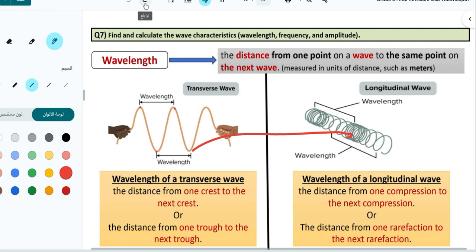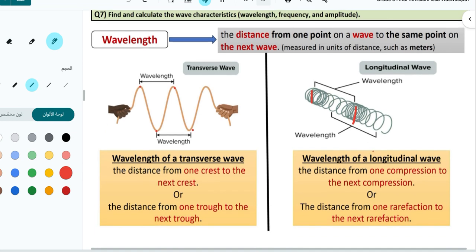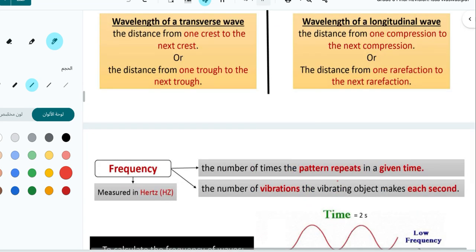In a longitudinal wave, we're going to go from the middle of one compression to the middle of the next compression, or from rarefaction to rarefaction. Both work, right?